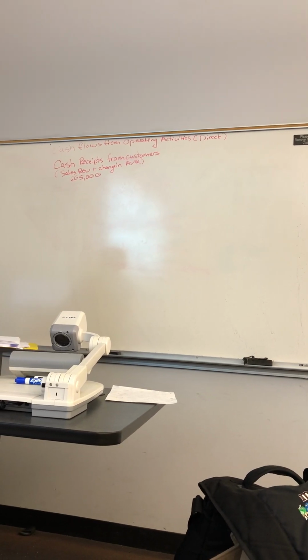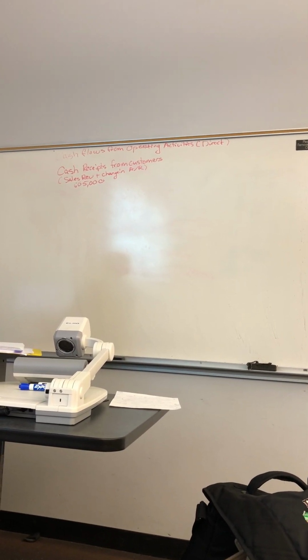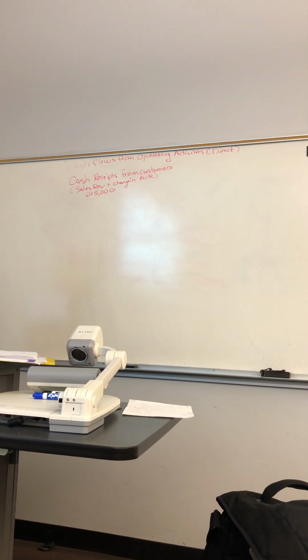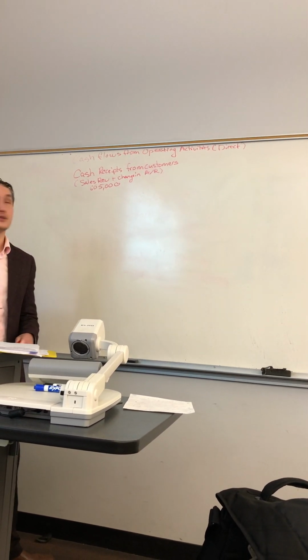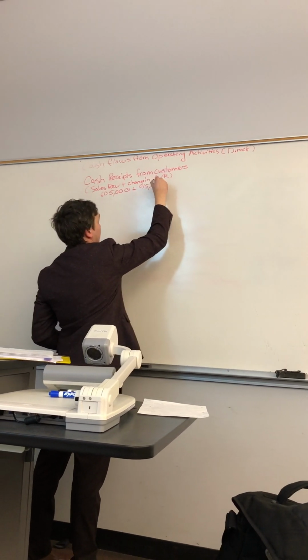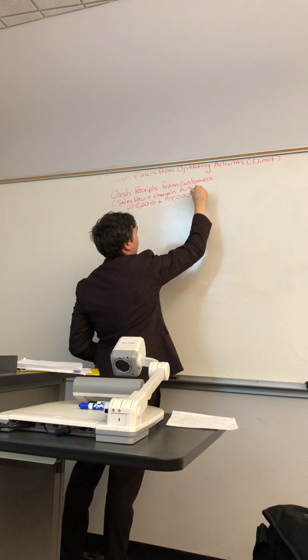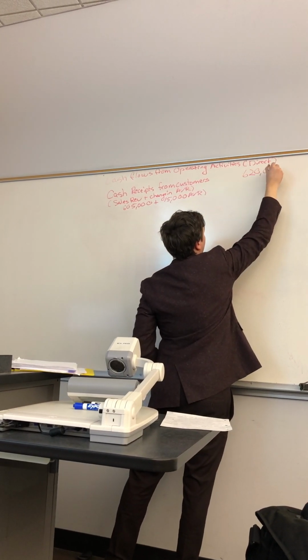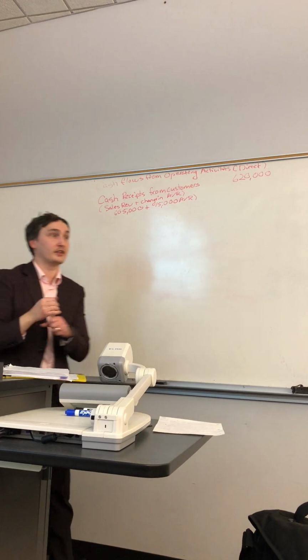So that means that we've received an additional $15,000 on top of that revenue. So 605 plus the 15,000 accounts receivable, our cash from customers is 620,000.